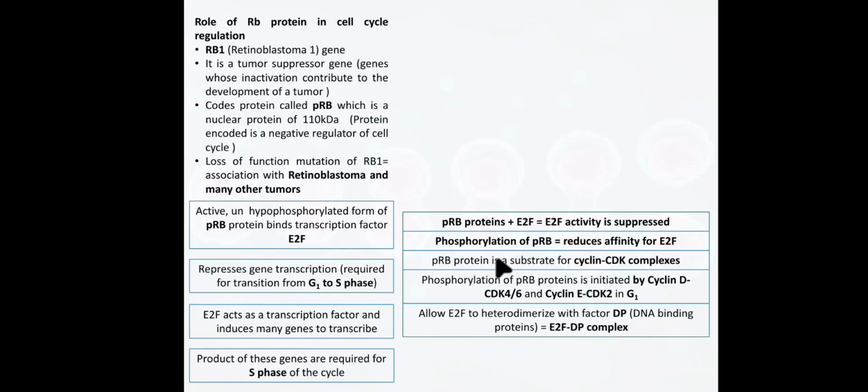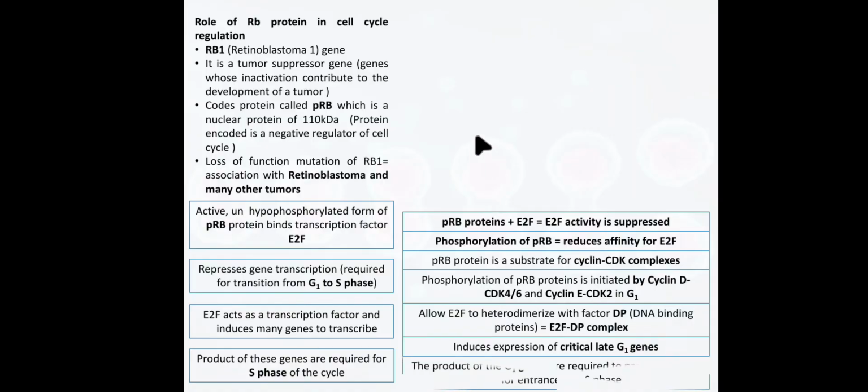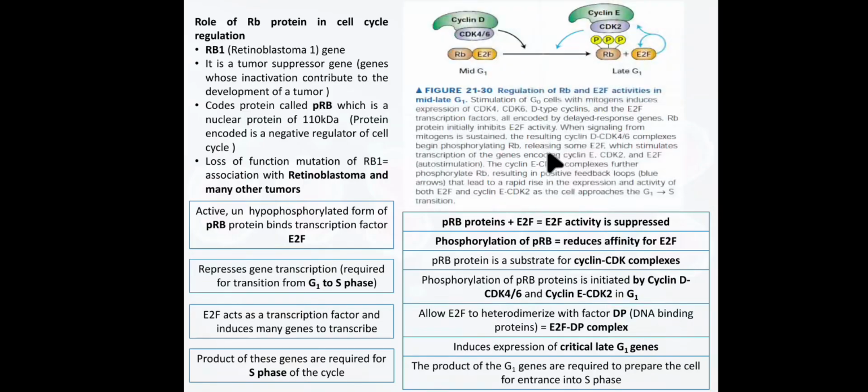When E2F is free, it heterodimerizes with DP, a DNA binding protein. This E2F DP complex induces expression of critical late G1 genes. The products of G1 genes are required to prepare the cell for entrance into S phase.